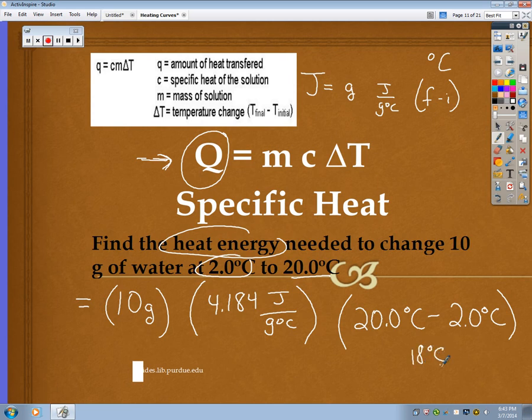So when you multiply 10 grams times 4.184 joules per gram degree Celsius times 18, then what do you get? You do it on your calculator right now.